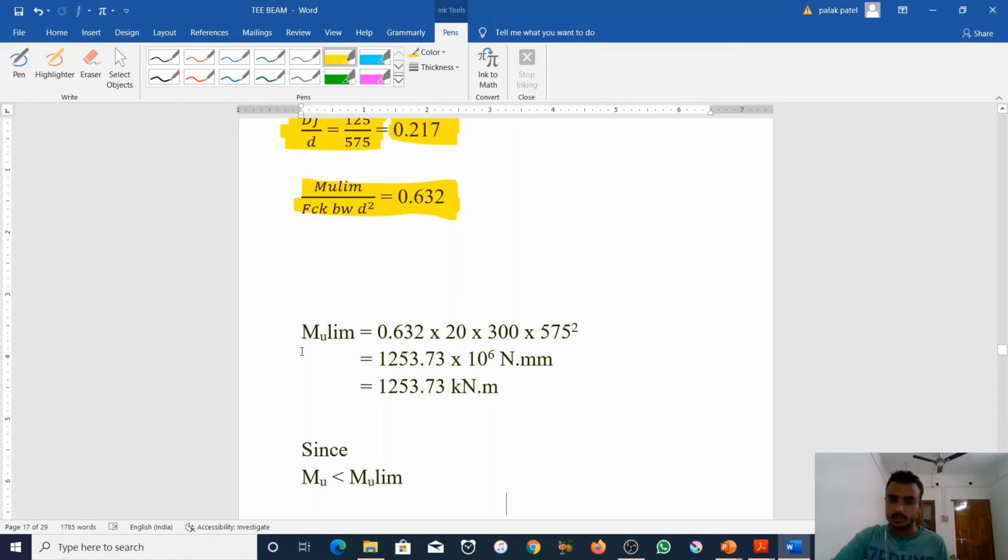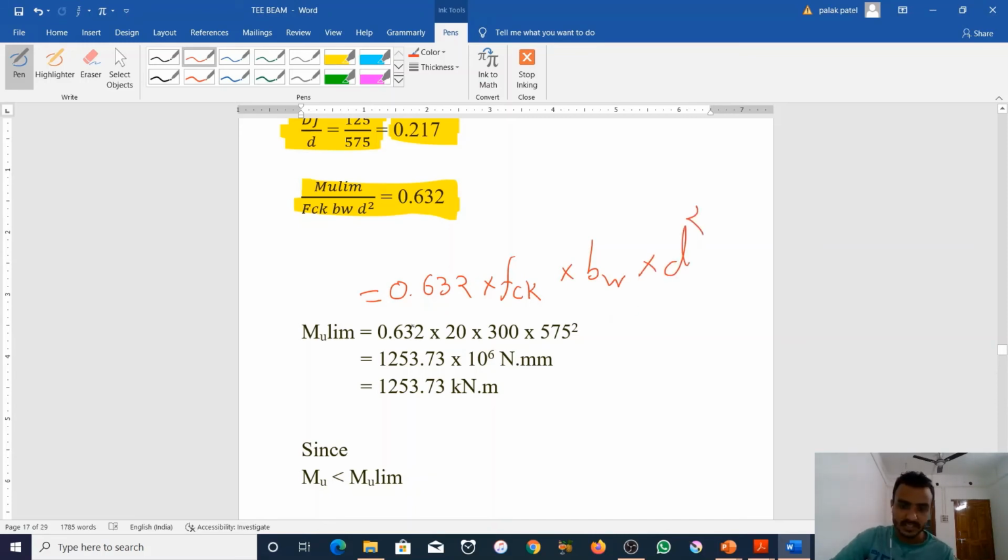Then I need to find Mu limit. So Mu limit is equal to 0.632 into FCK into BW into D square.